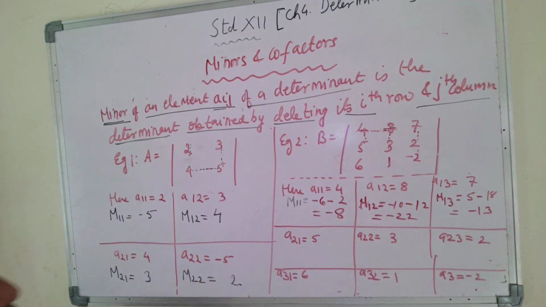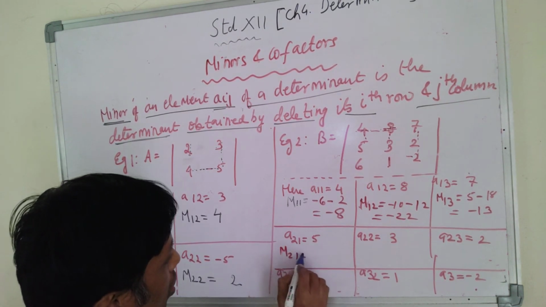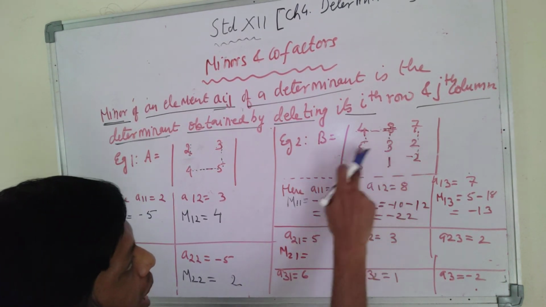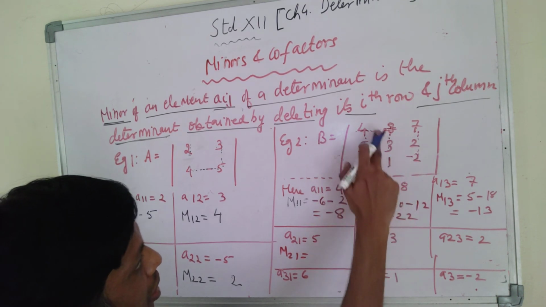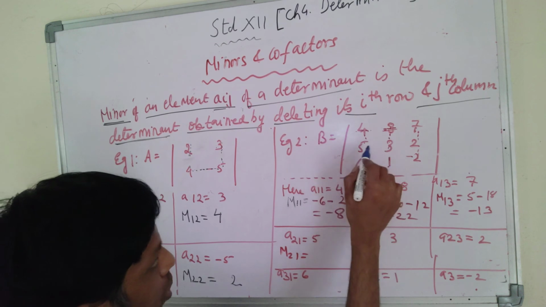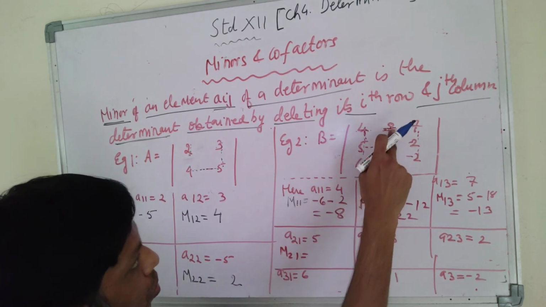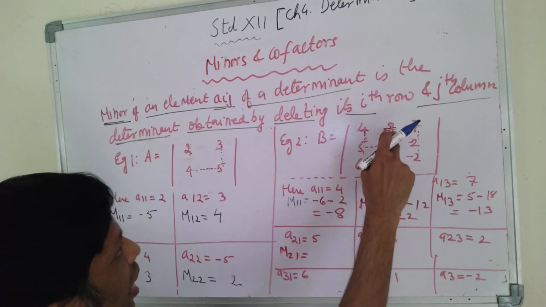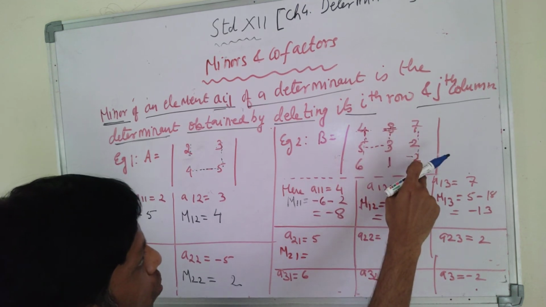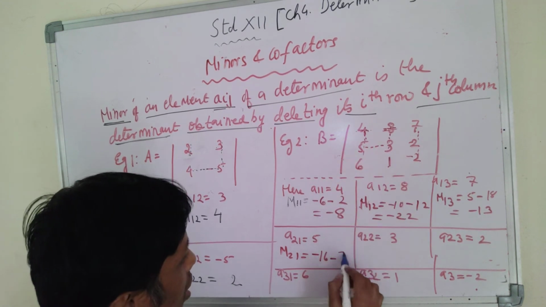Similarly, you have to find M21. Here is 5, so hide the row and column where 5 is positioned. Multiply the remaining: 8 into minus 2 is minus 16, minus 7 ones are 7.